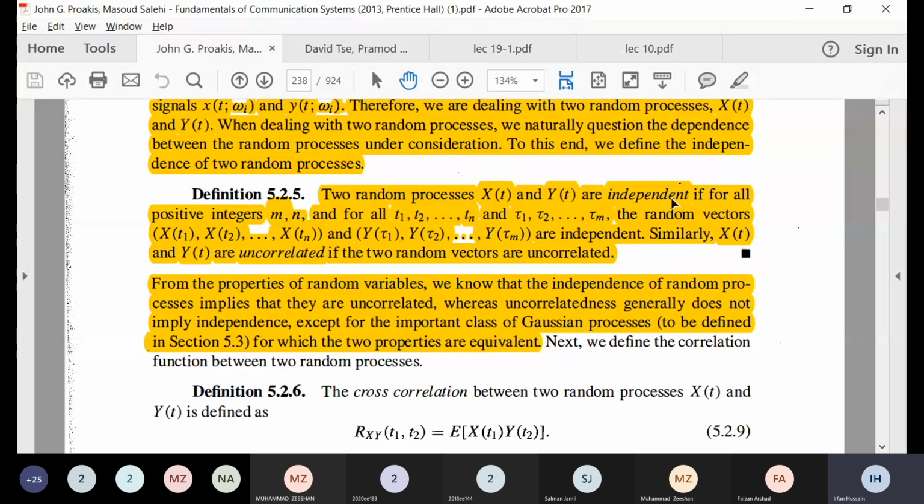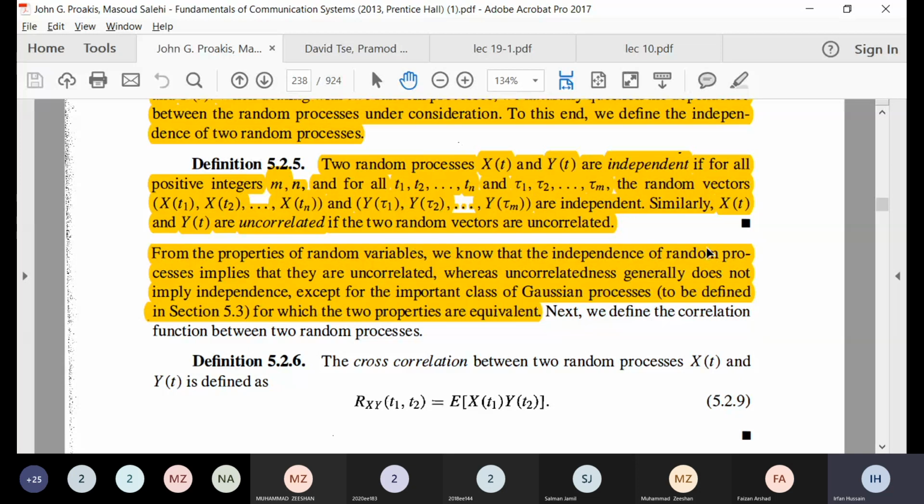If these random vectors are uncorrelated, then we can very well see that the random variables will be uncorrelated. I think you all know what independence is and what correlated and uncorrelated functions are.